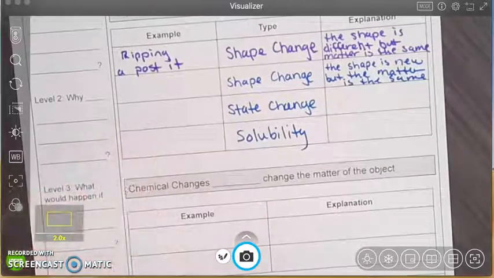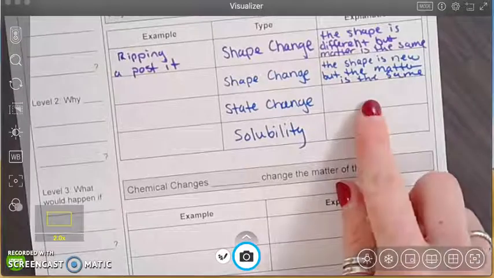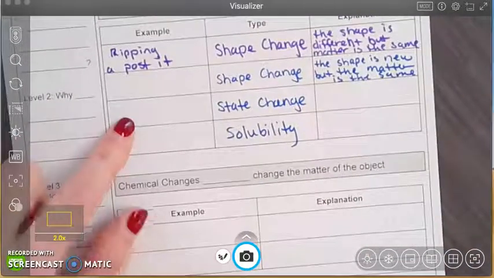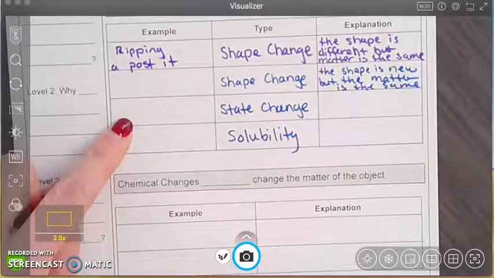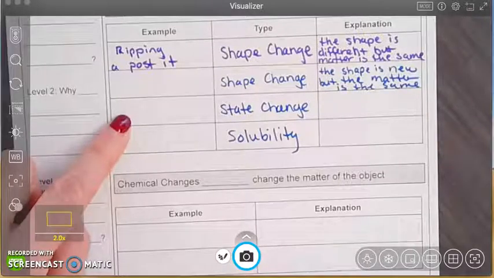For state change, I'll write in a different color only so that you can see it better when I write over here. For state change, did you make something freeze? Did you think about something melting? Did you think about something evaporating? What did you think? Popsicles, ice cream, ice water, steam, all those kinds of really good things, right?